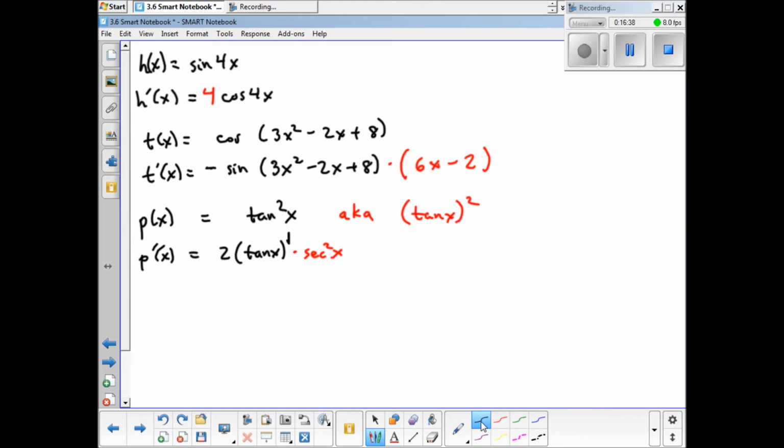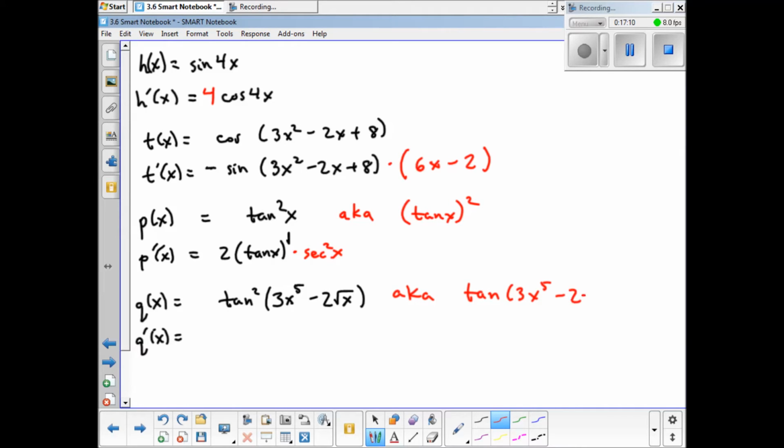Let's do another one. Q of x equals, let's take the tangent squared example and beef it up a little. Let's put 3x to the 5th minus 2 root x. According to the chain rule, q prime would be, let's write this as tangent of 3x to the 5th minus 2x to the half.